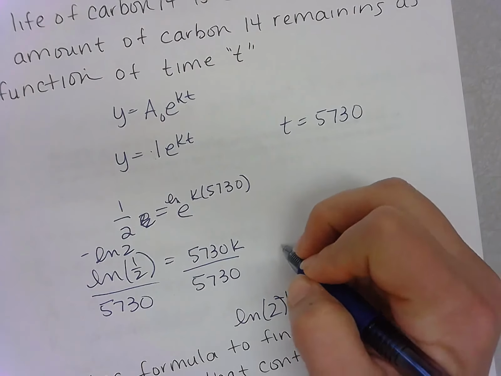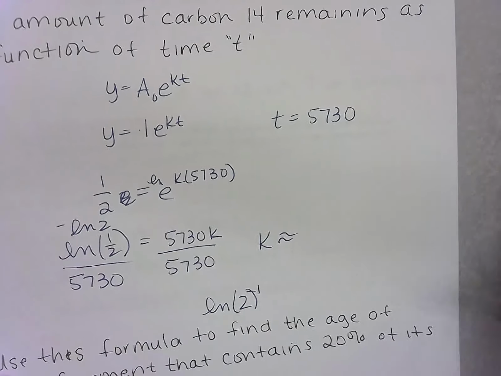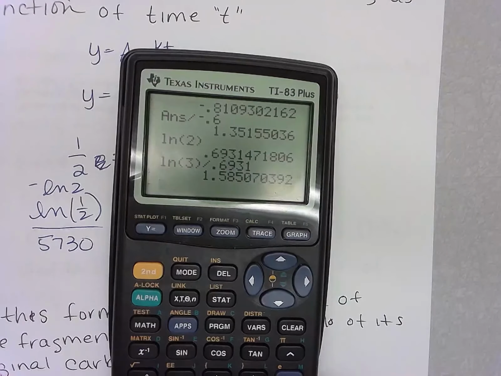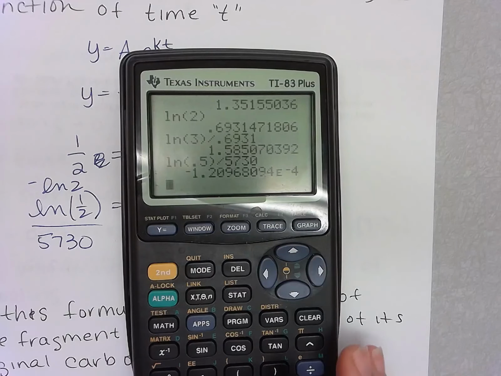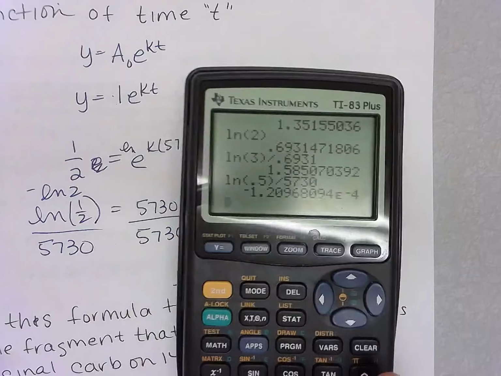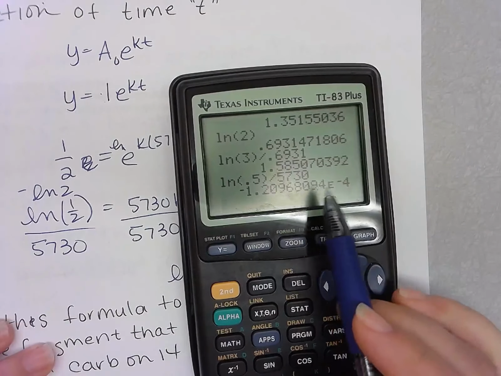Okay, so anyway, our k will be approximately, if I put this in, the natural log of 0.5 divided by 5730. This gives me approximately, now watch this, because this is e to the minus 4.